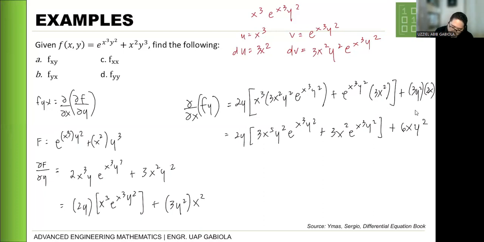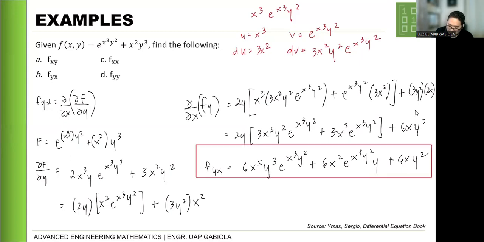Then distribute, we have 6x to the fifth y cubed x cubed y squared plus 6x squared x cubed y squared y plus 6xy squared. So this will be our fyx.